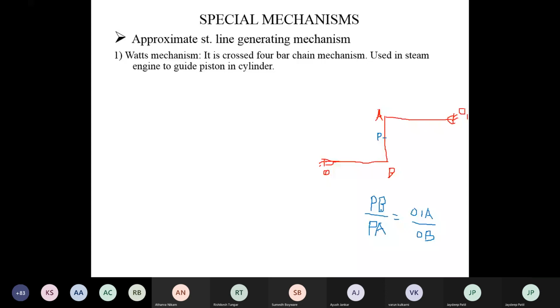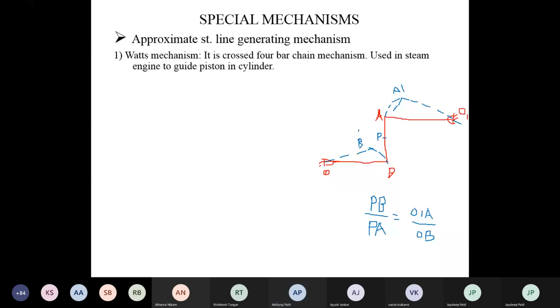You will get the new position of this mechanism. Suppose B moves to B dash and A changes its position to A dash. Join them. This is the new position of the mechanism.